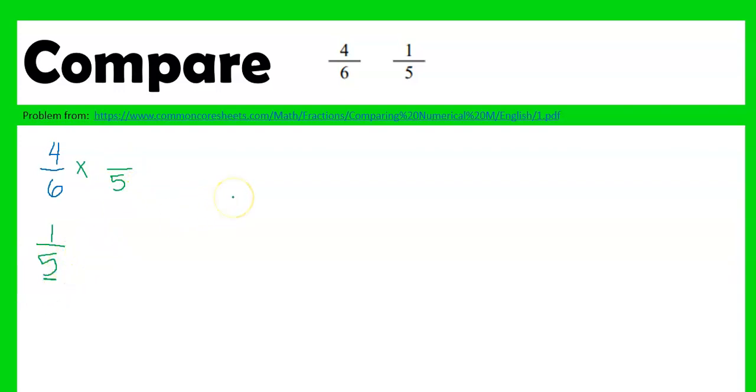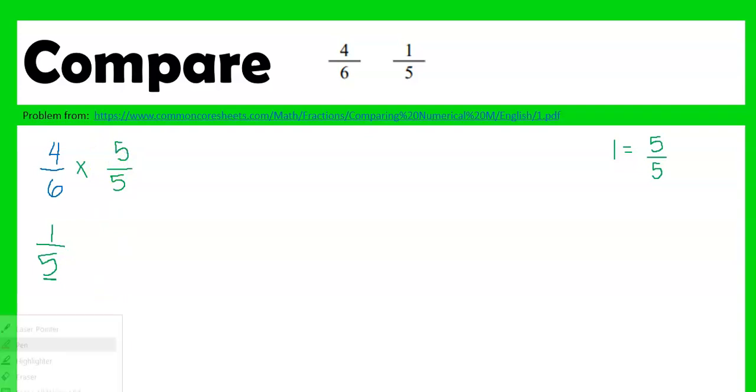But remember, as we talked about in the comparing numerators video, if I'm going to multiply my fraction by anything, I can only multiply it by 1. And remember, 1 would equal 5 over 5 in this case. Any fraction that has the same numerator and same denominator equals 1. So I multiply 4/6 times 5 over 5.